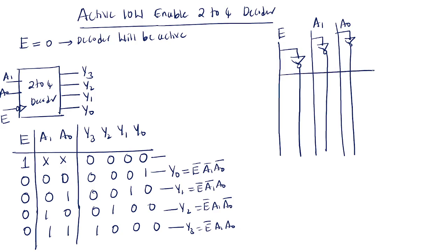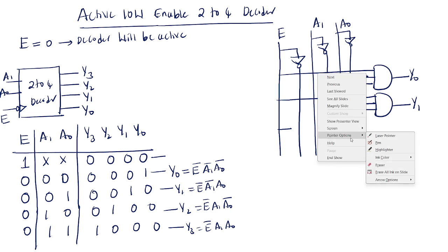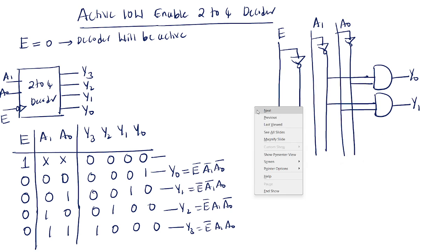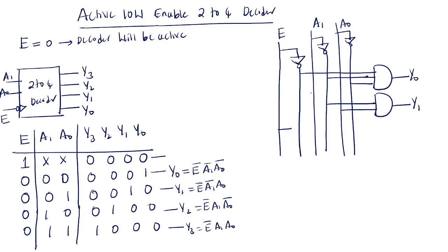So E bar, A1 bar, A0 bar are connected with an AND gate for Y0. For Y1, E bar, A1 bar and A0 are connected with an AND gate.